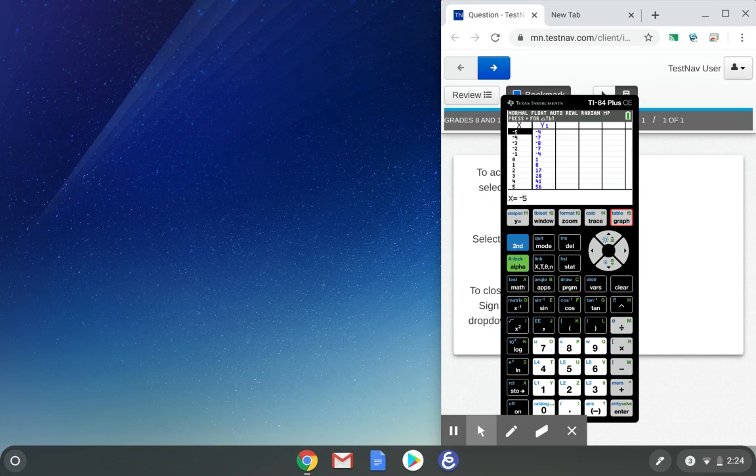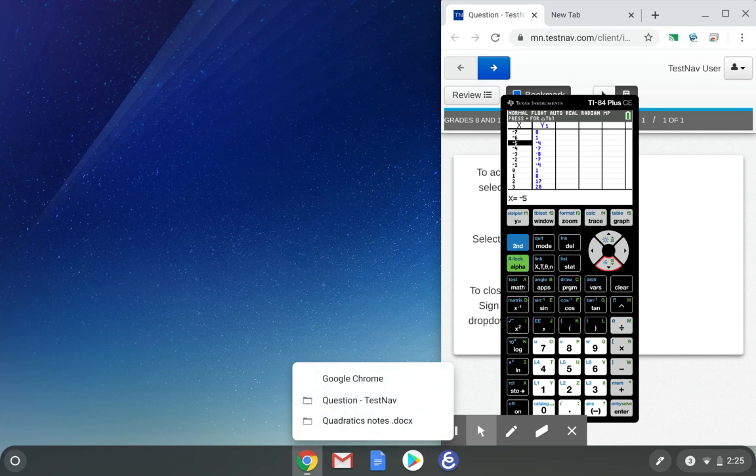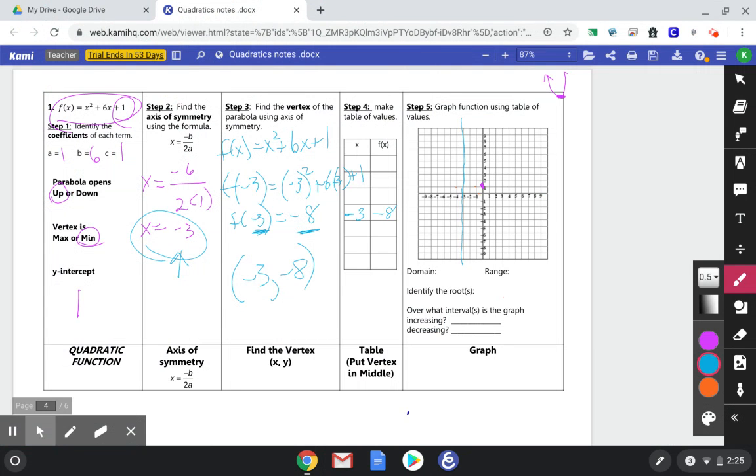Now, since I know that -3, -8 is my vertex, and that's my turning point, I'm going to do a couple of values below -3 and a couple of values above -3, and I can fill those into my table.